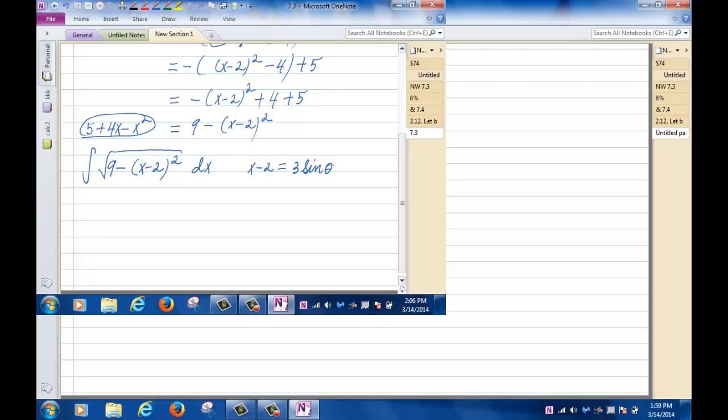And I'm not going to write that down. So this is x equals, oh, I don't really need that. So what is dx? 3 times, the derivative of 2 is just 0, so you just get dx, and then this is 3 times cosine theta d theta.